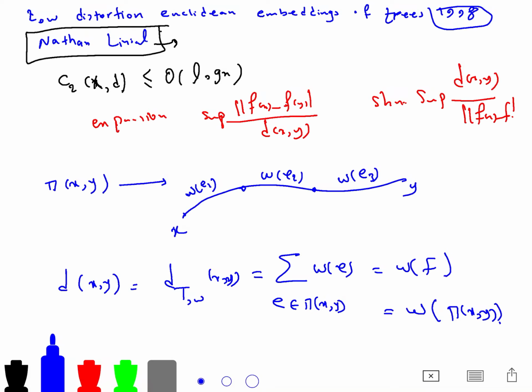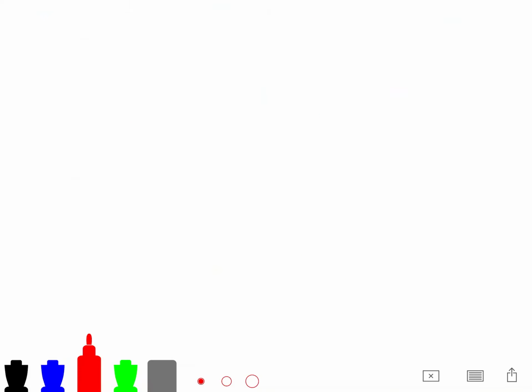As usual, we are inspired by Bourgain's result, which says C2 of T_n is theta of order log n.